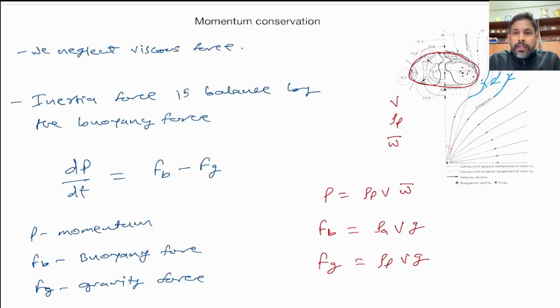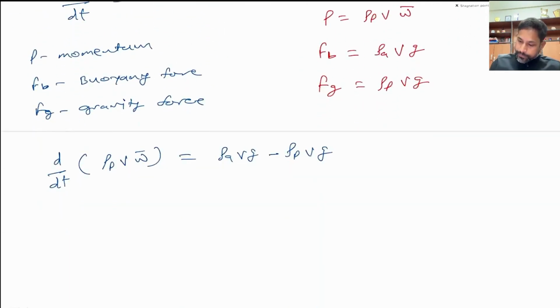So momentum is not just in the plume but also in the ambient fluid, and that is why this buoyancy force is not just responsible for rate of change of momentum in the plume, but is also changing the momentum in the ambient fluid. And that is why in this balance we have to add an additional factor of 3 by 2, which again is found experimentally. This factor of 3 by 2 is to compensate for the momentum change in the ambient fluid.